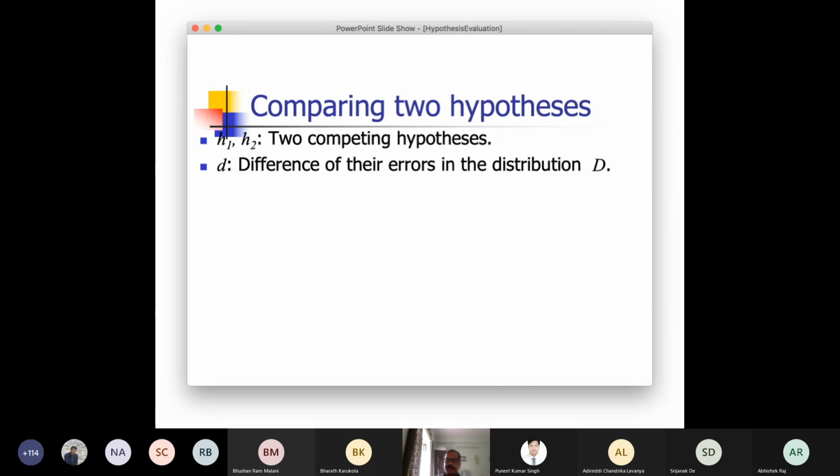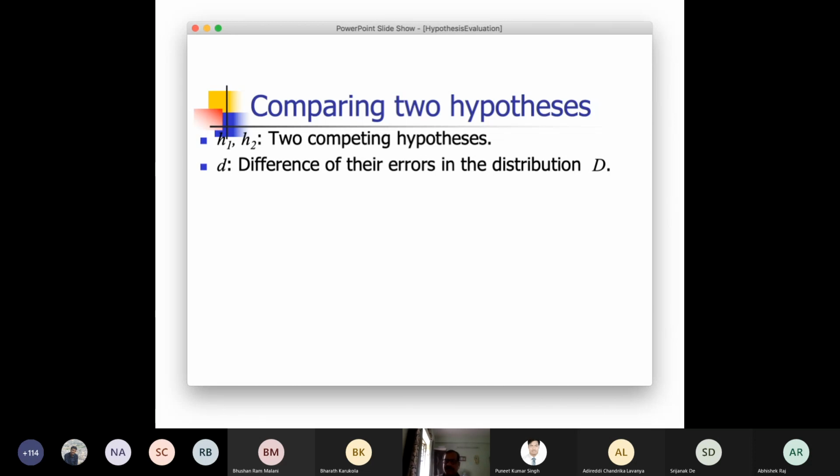Which means that if I consider just the point value, that is, you consider a typical data set on which you run H1 and H2, find their errors, and suppose one error is greater than the other, you should not say that this is better than the other one. That is a common mistake we make many times in our research, right?